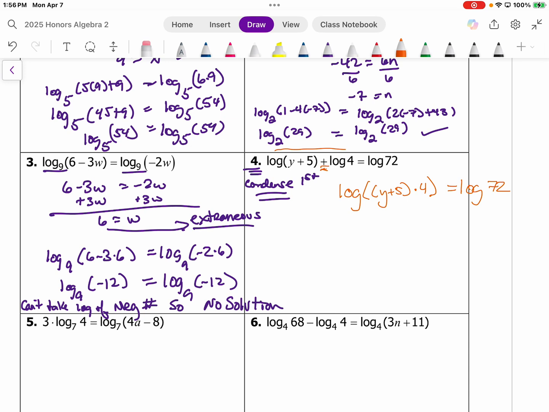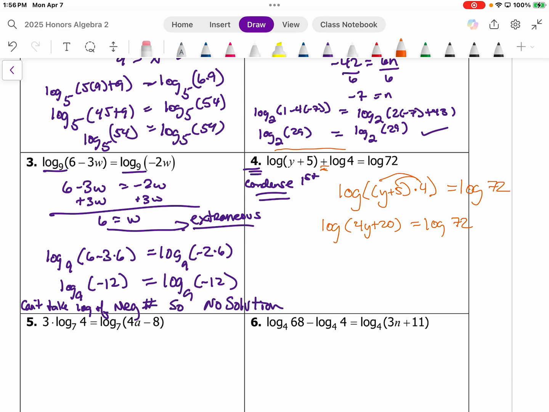And so now I'm going to distribute the 4. So we'll distribute the 4 inside to the y and the 5. So log of 4y plus 20 is equal to the log of 72.